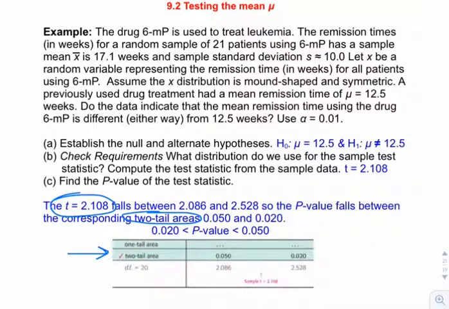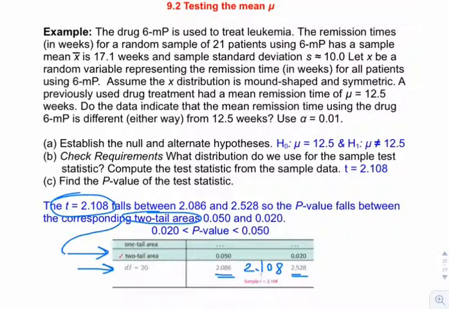We're looking at the two-tail test area. We're looking at the row df equals 20. We look to the left, we look to the right, and we see that our t value, 2.108, is between these two numbers, 2.086 and 2.528. That is our probability.